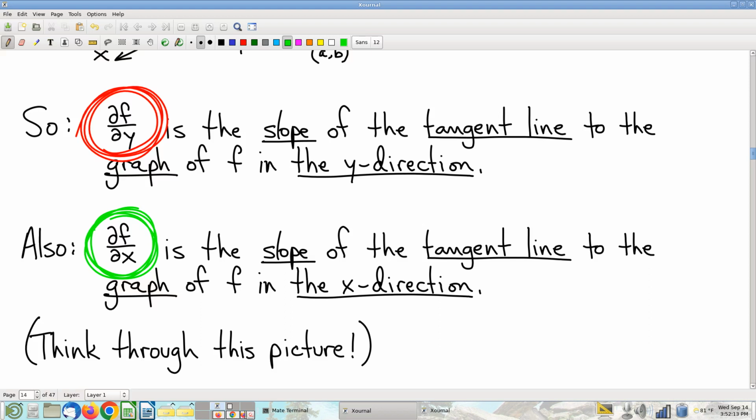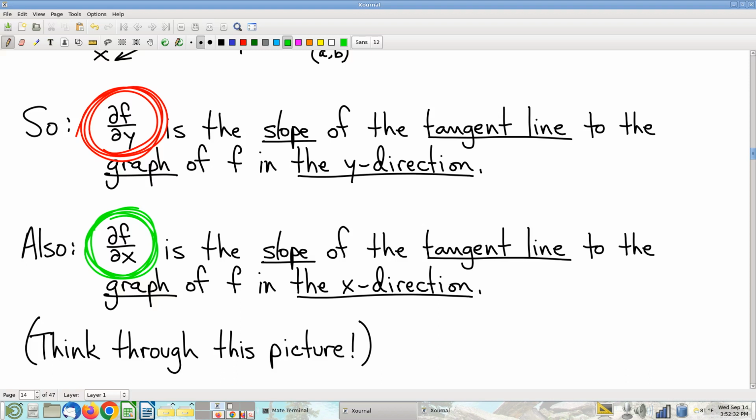Again, it's going to be a lot of the same reasoning. You're holding something constant. You're moving in the direction of something else. There's a cross-section plane. It's going to be a different plane now. It's going to be a perpendicular plane. But still you're taking a cross-section, and you're going to get a curve, which is a graph, which you're going to take the slope of, and think it through.